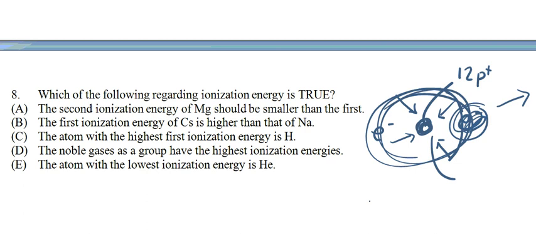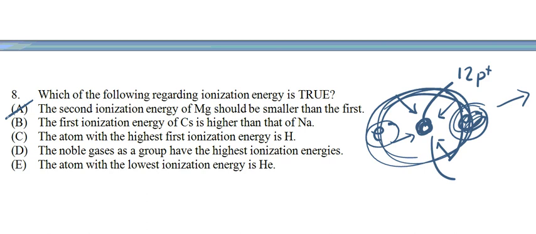Now, yes, magnesium wishes to get rid of 2 electrons, but it's just going to take a little bit more energy to remove that second electron than it did to remove that first one. Alright, so A is not true.